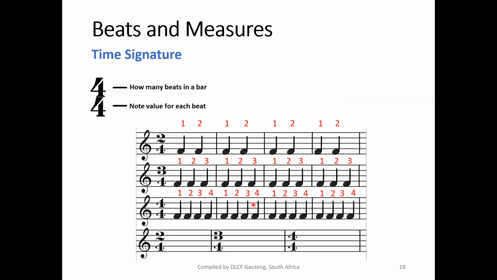All right. So just to understand again, this is the arrangement of the time signature on a sheet music. Okay, and going by the rule of 4/4, we can see here how many beats are in a bar, and then the bottom one tells us the note value which takes one beat.